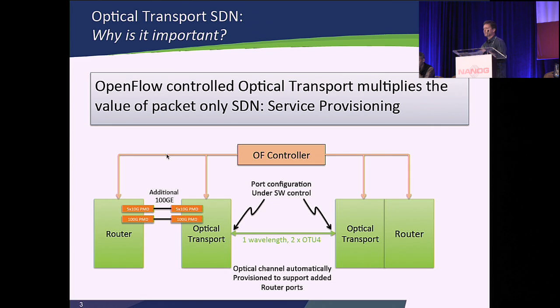So if we have a case of adding, let's say, another 100 gig link between the router and the optical transport box, if you've got SDN control over the transport, you can actually change the modulation format through software from a DPSK to a 16 QAM, effectively doubling the transfer rate, the bandwidth, and that's without a truck roll, without an NMS management interface, and no extra resource.